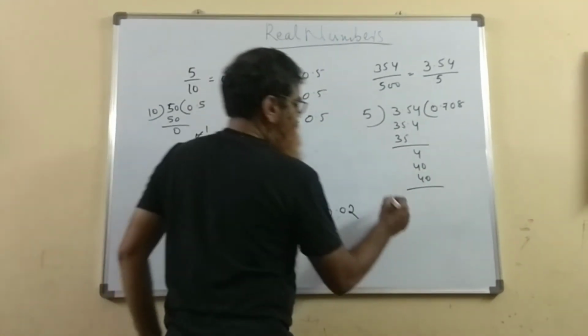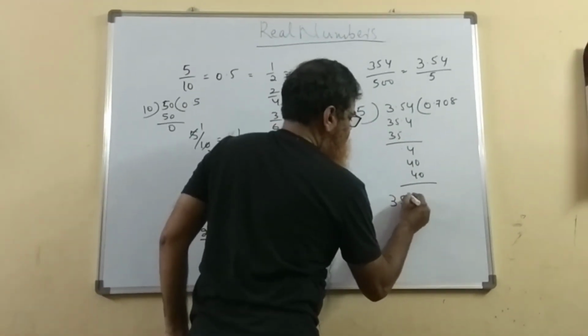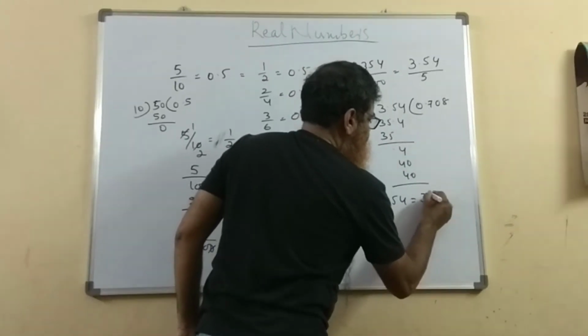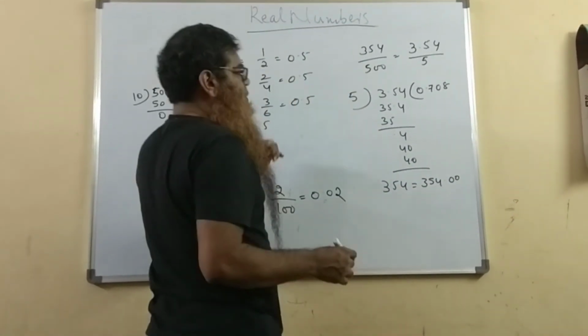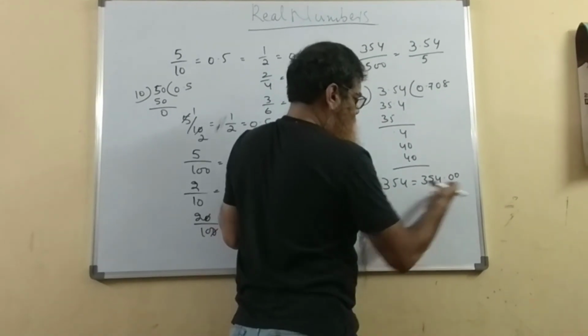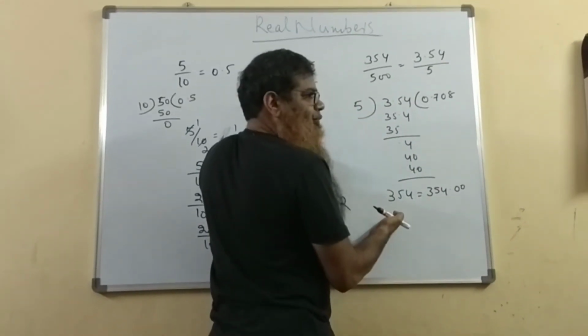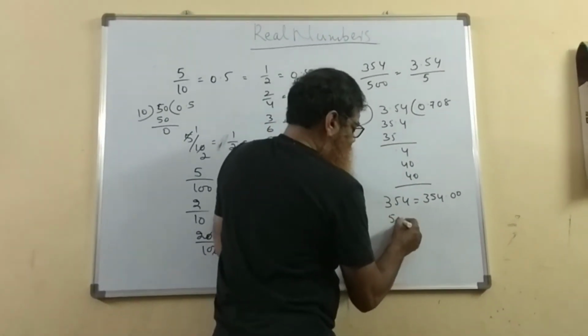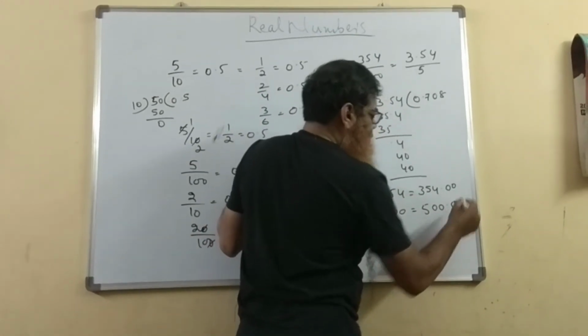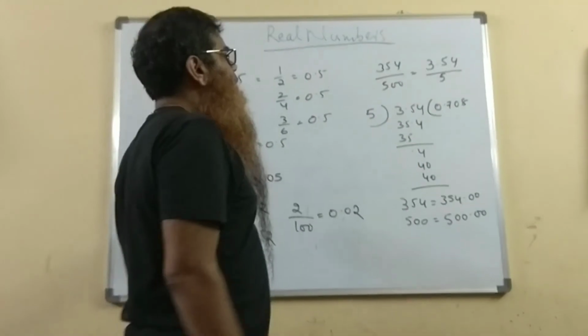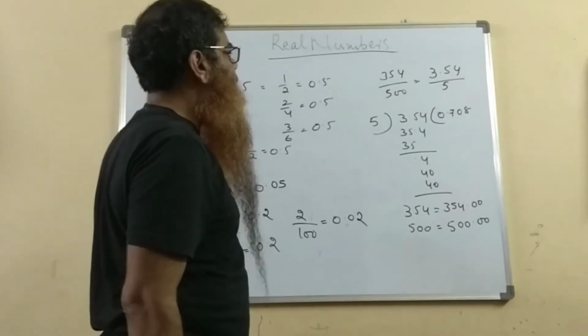See children, listen carefully. 354 is nothing but 354 decimal, and after the decimal two zeros, because there was nothing, so we kept it like 354.00. Similarly, 500 is equal to 500.00, two zeros after the decimal.